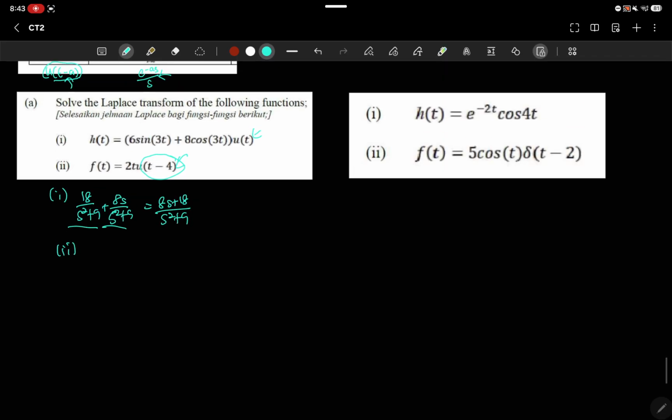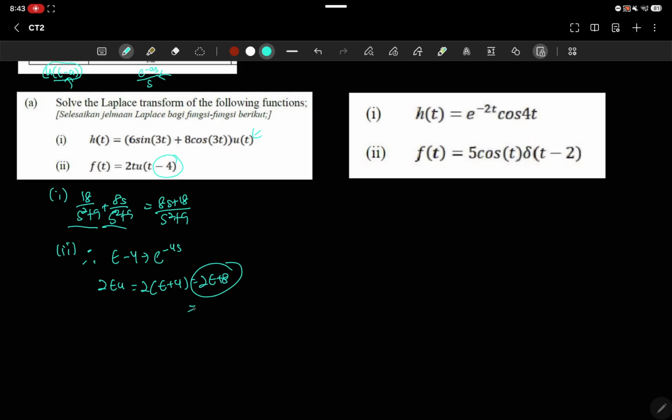First the t minus 4 we make it as e to the minus 4s. Then we have t u. Inside we have negative 4, so it will become t plus 4, so this will become 2t plus 8. This is in the time domain and should be transformed.